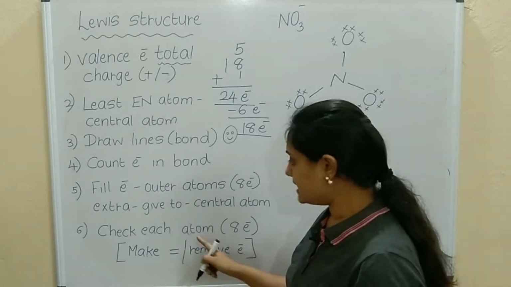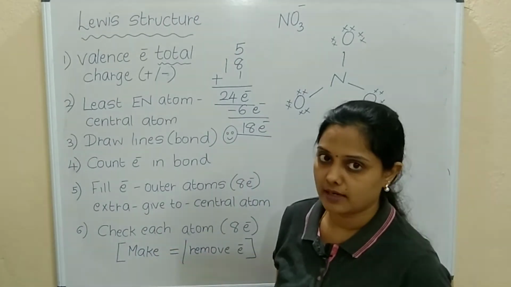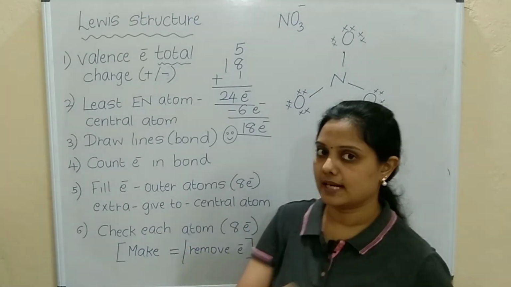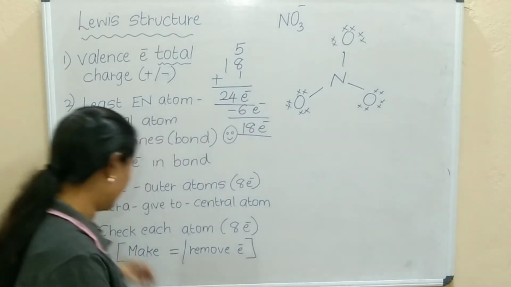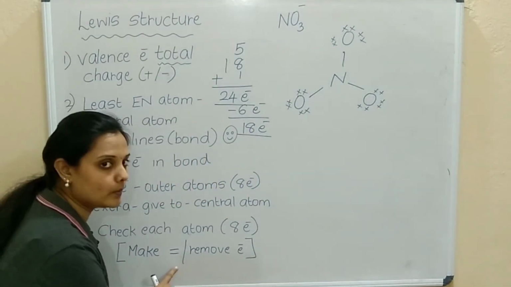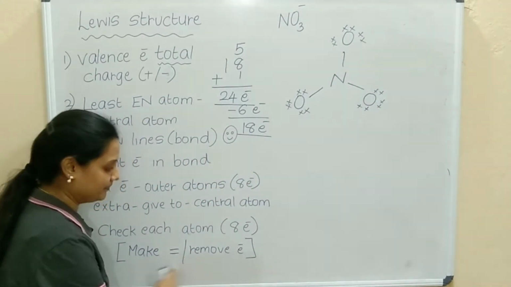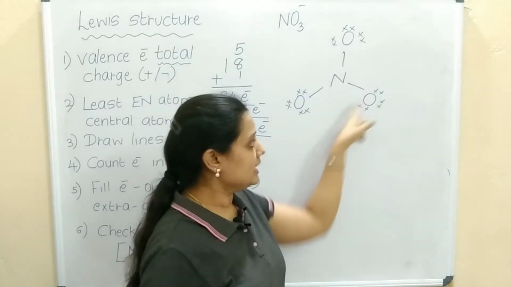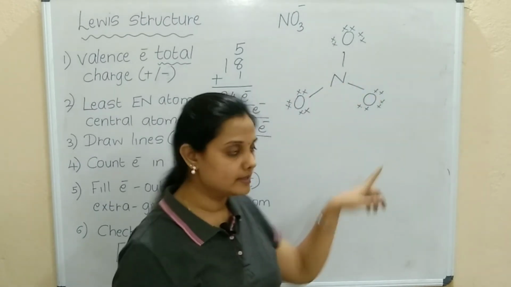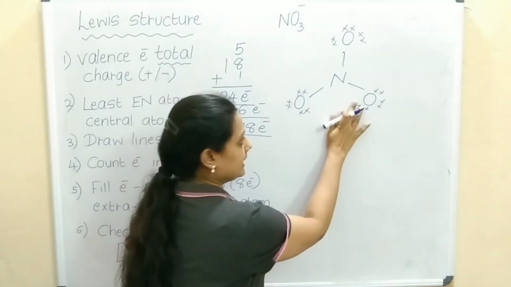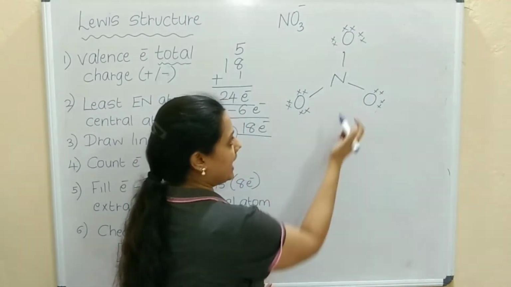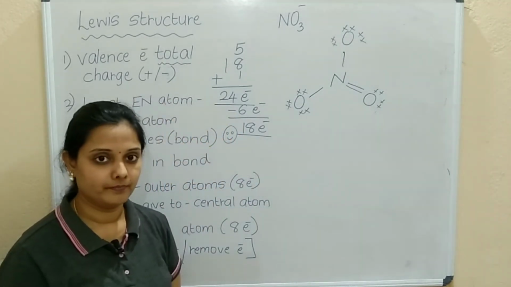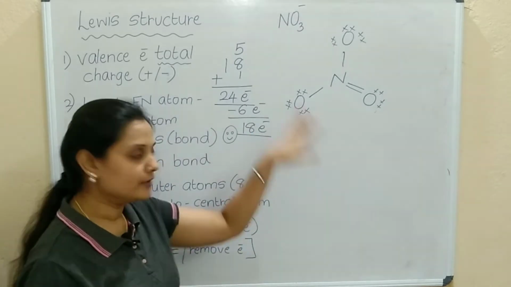So what will you do? Make a double bond. From any of the outer oxygens, remove 2 electrons and make a double bond.